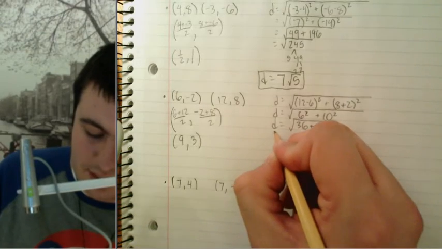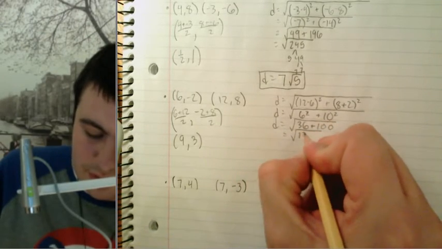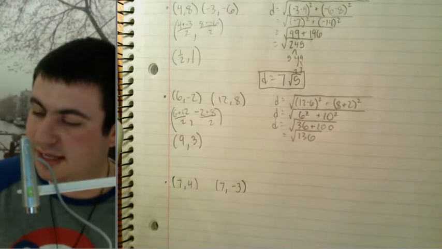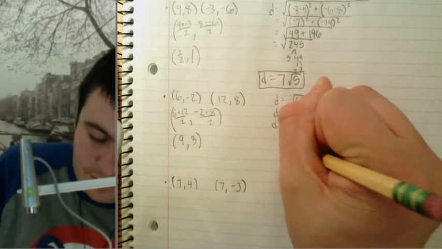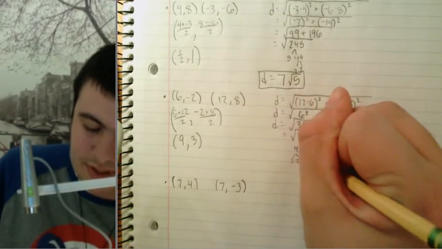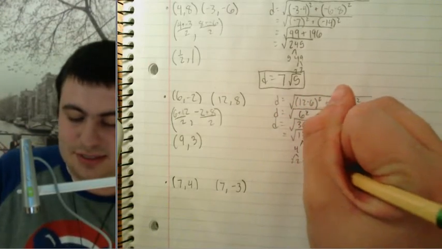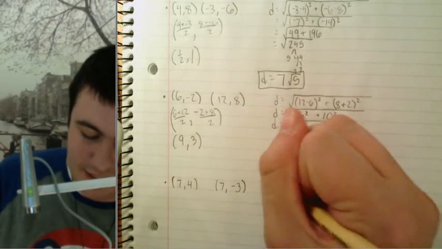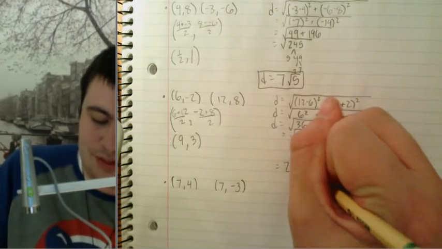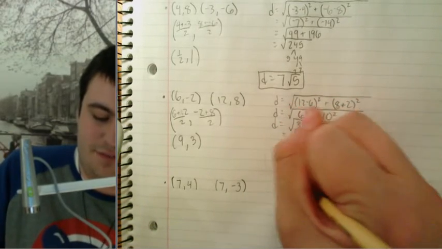The square root of that, so it's the square root of 136. Let's see, 136 we can divide by 4 and be left with 34. 4 is 2 and 2. 34 is 2 and 17, which doesn't really matter. So the distance between those 2 points is 2 times the square root of 34.